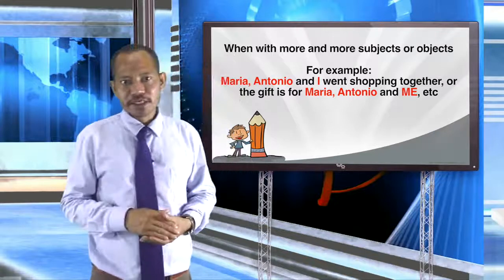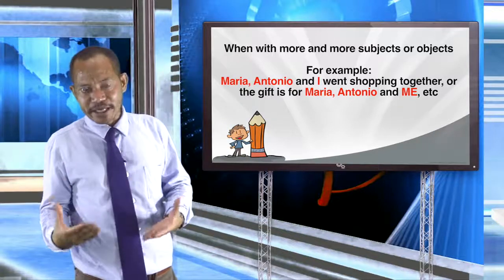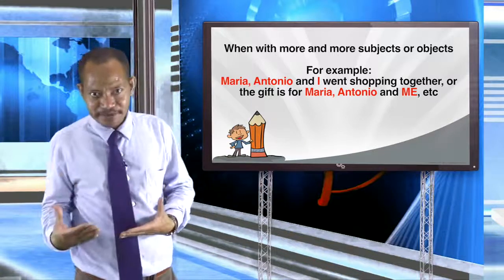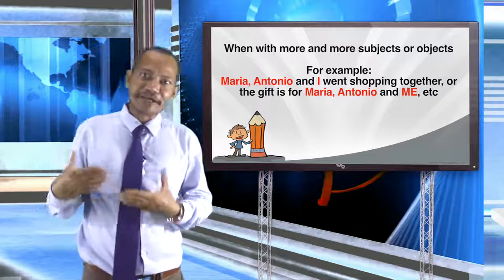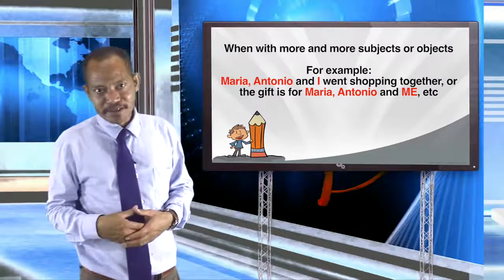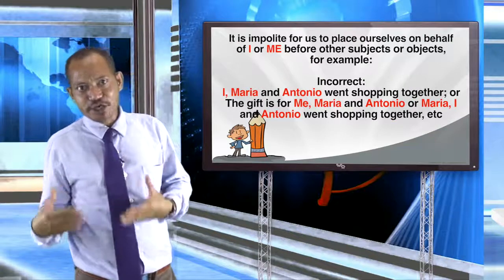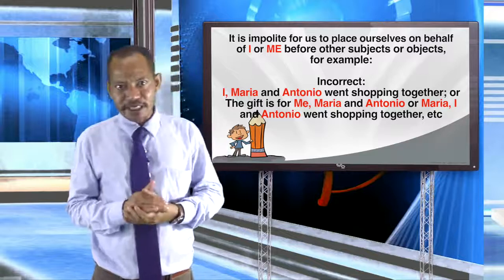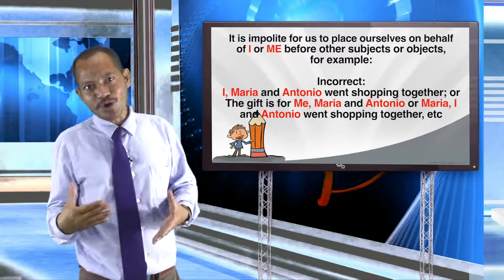For example, Maria, Antonio and I went shopping together, or the gift is for Maria, Antonio and me, etc. It is considered a little bit impolite to put ourselves, I or me, before other subjects or objects.